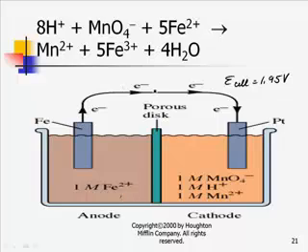The electron flow is from the anode to the cathode. And over here, since all of the species for the reduction reaction were aqueous, the electrode that I use is going to be one that contains some sort of inert metal, platinum most commonly. So we would have a solid platinum electrode here, and then all of the reduction species are in solution.